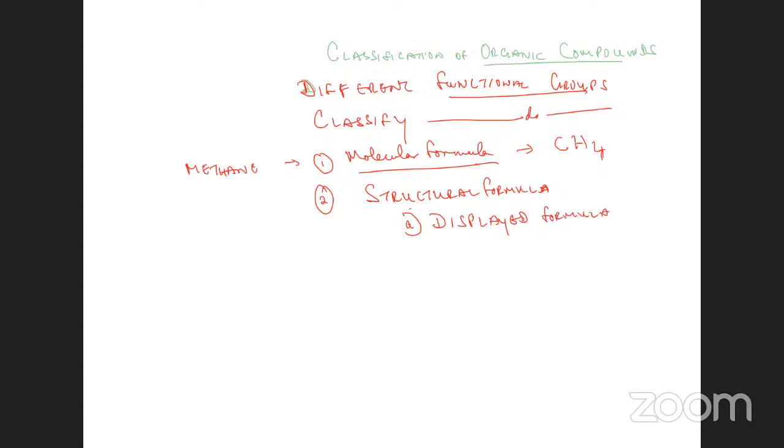When it comes to methane, this carbon is the central atom, hydrogens are peripheral atoms. If you know the Lewis structures, how to do them, this is what you get.